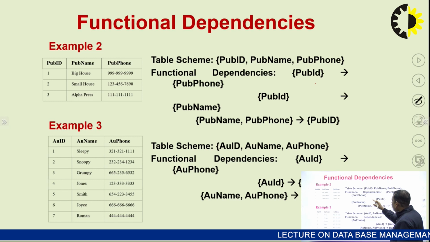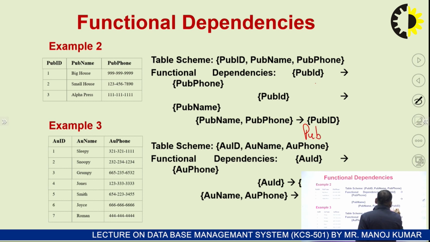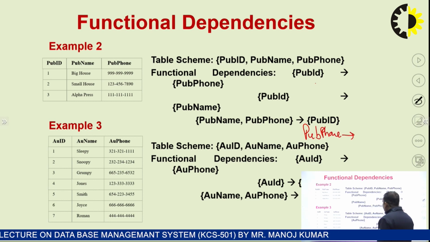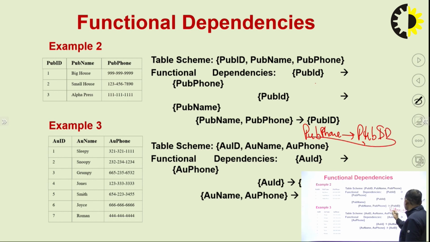Another example: publisher ID functionally determines more than one attribute, publisher name and publisher phone number. This is known as functional dependency.